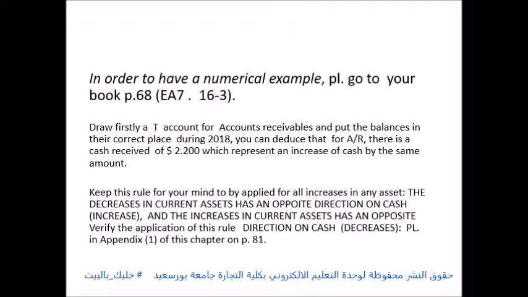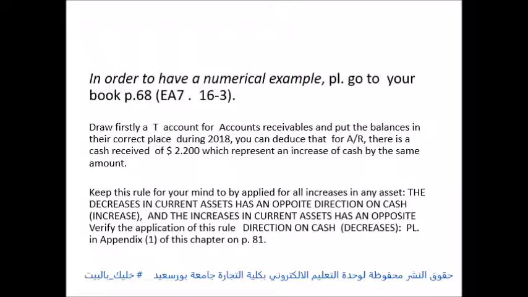In order to have a numerical example, please go to your book, page 68, exercise number 16.3. Firstly, draw a T account for accounts receivable.